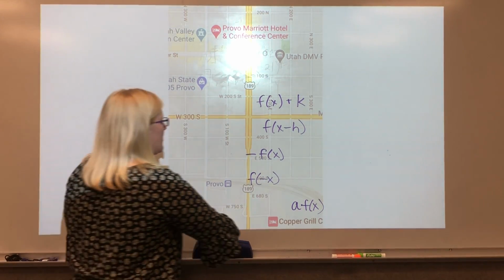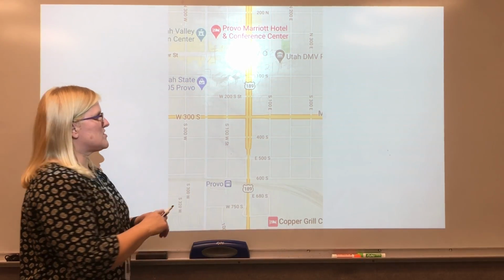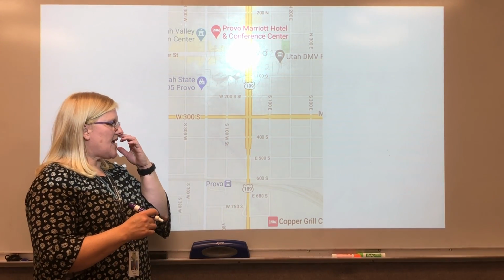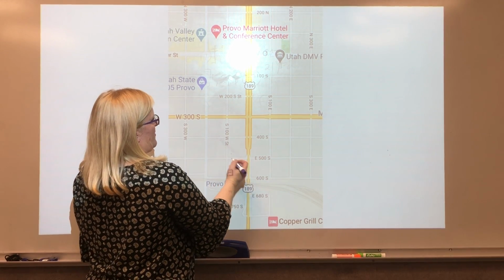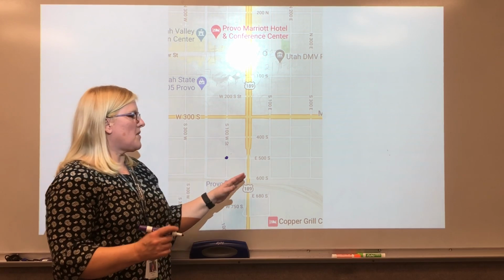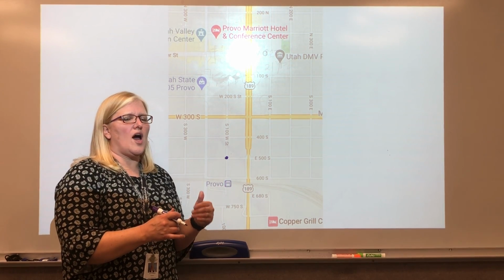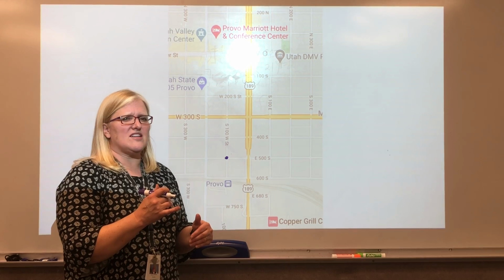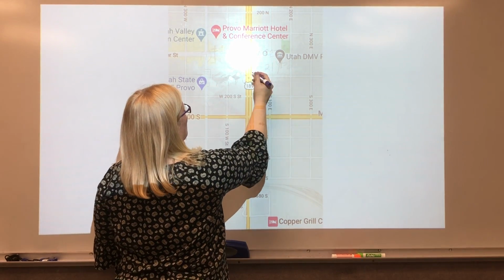Okay, so when I think of transformations, I think of a map. So here's downtown Provo, and let's say I'm starting at 5th South and 1st West. So this is my original function, and I say, okay, I need you to go up 4 blocks and then to the left 1 block. 1, 2, 3, 4, and over here 1 block.